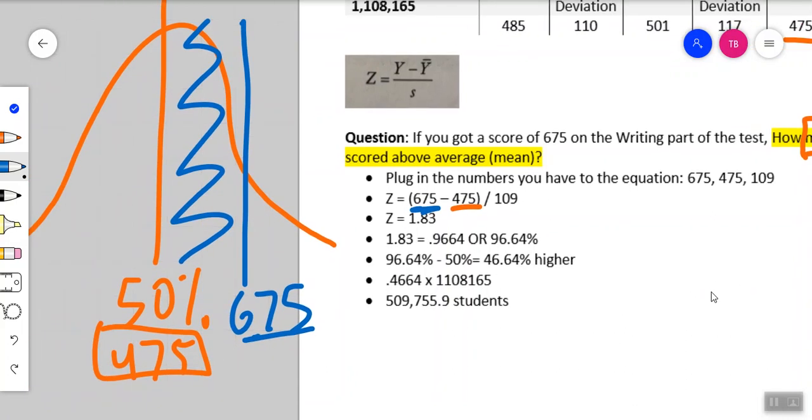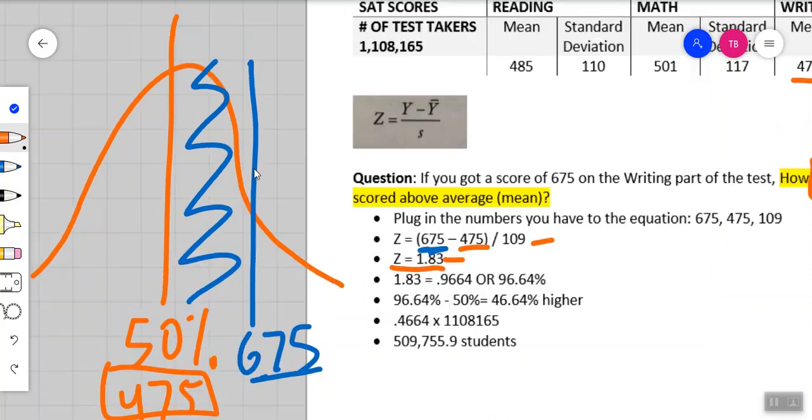So same thing as before. You go ahead and run the z-table. It'll end up being the same number. I did that on purpose. So 675 minus 475 equals 200, divided by 109 equals 1.83. Same thing as before, and we'll go through the steps just for clarity.